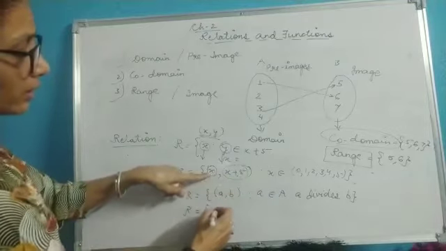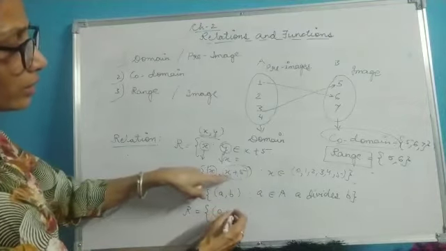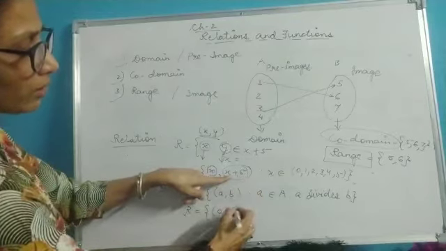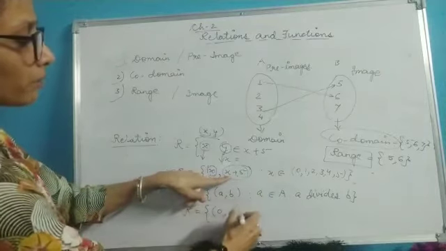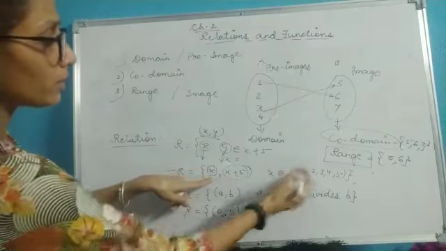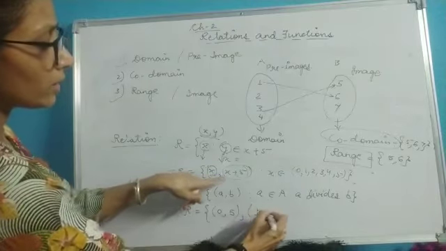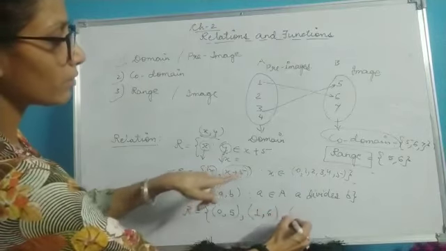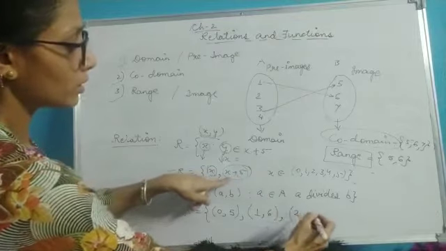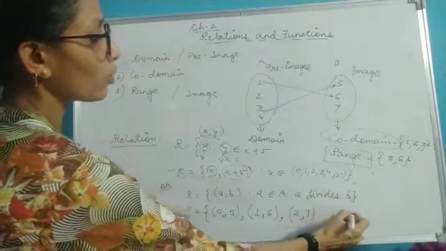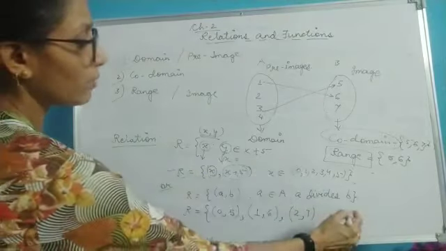So if I take x as 0, then 0 plus 5 will be 5. Then the next ordered pair, if I take 1, then this will be 6. Then if I take 2, then this will be 7, and so on till 5 I will be finding out.